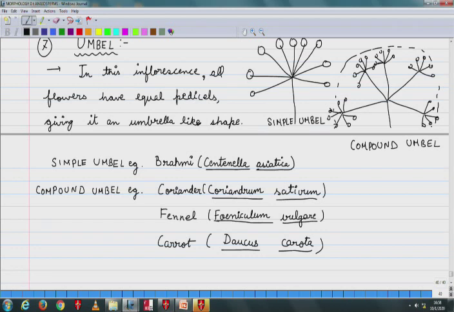Now there is one more point that you must remember. Umbel is a characteristic feature of which family, it has been asked. Umbel is a characteristic feature of Umbelliferae family. All these plants I have written are basically members of Umbelliferae family.